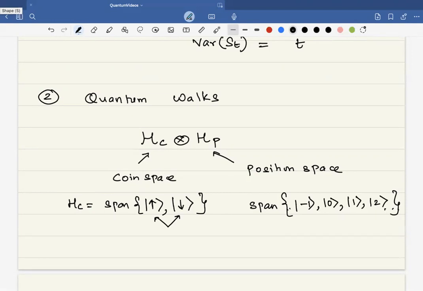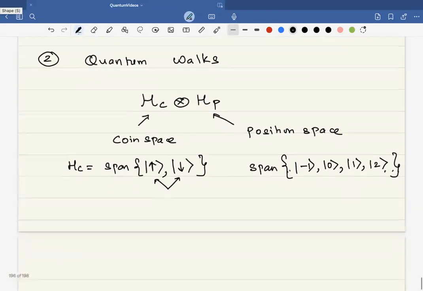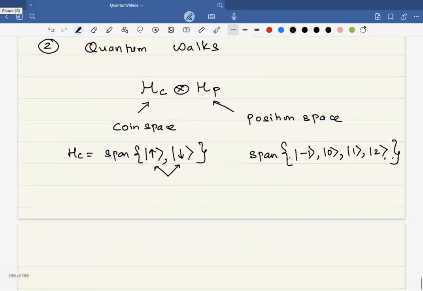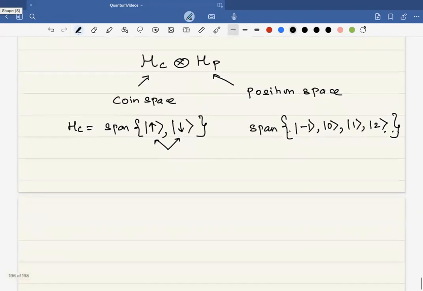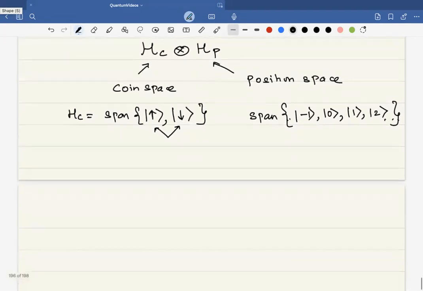Okay, and then again, the quantum walk will be analogous to the classical walk in the following sense, that one step of the quantum walk consists of a toss of a coin. Now, the coin is going to be a unitary coin. So in quantum mechanics, we have this unitary evolution.